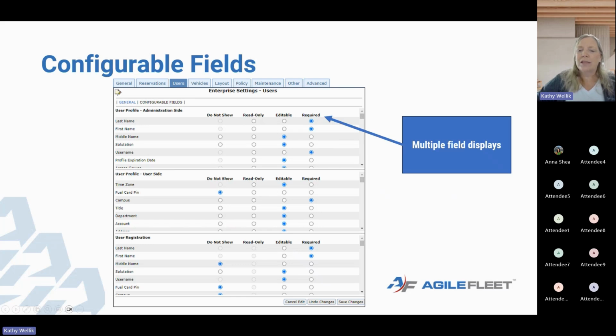So that if it's selected, they will not be able to go any further unless that information is filled in. So you can see how the registration page can look different than the user page, which can look different than the administrator page based on how you set it up. So custom fields will also appear on the bottom of these lists, and labeled custom fields will show the label and unlabeled fields will show as custom field X.